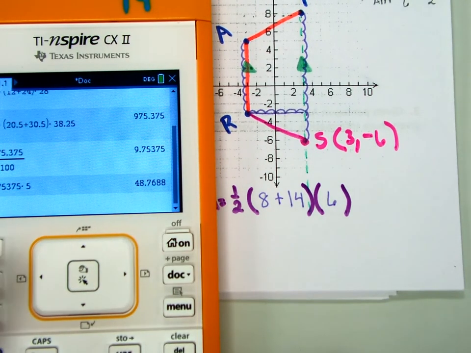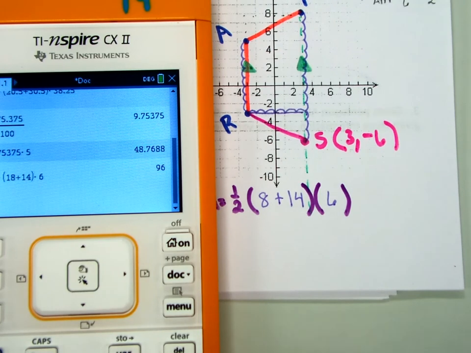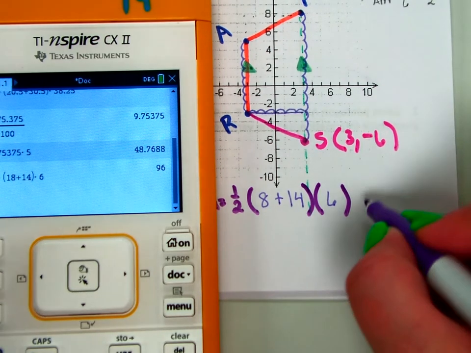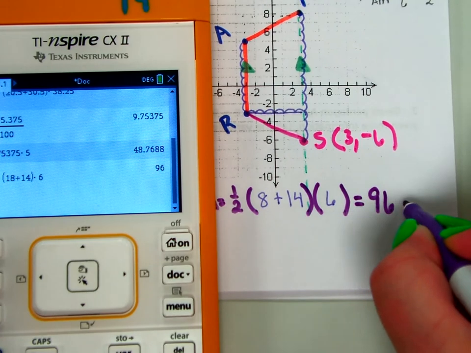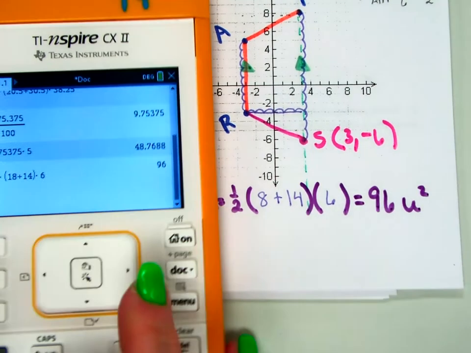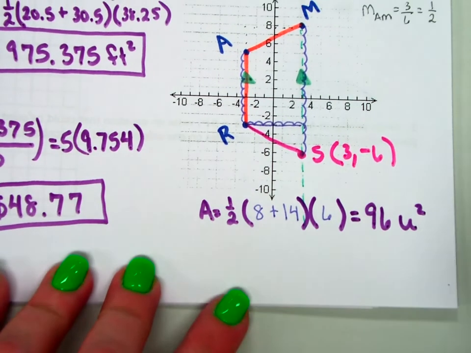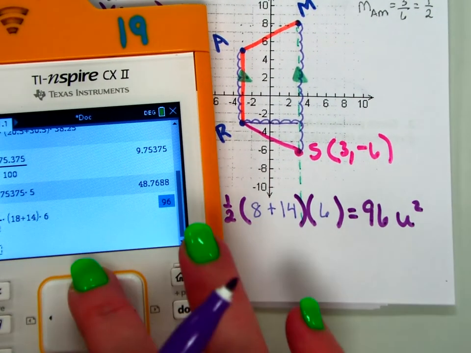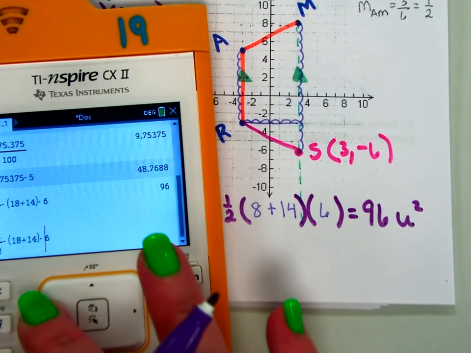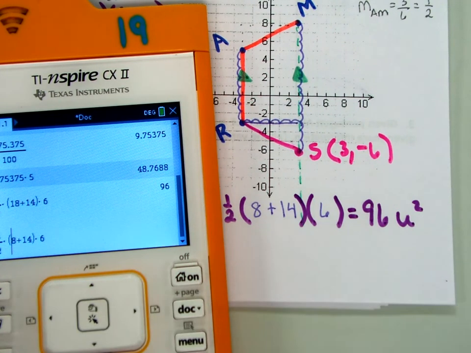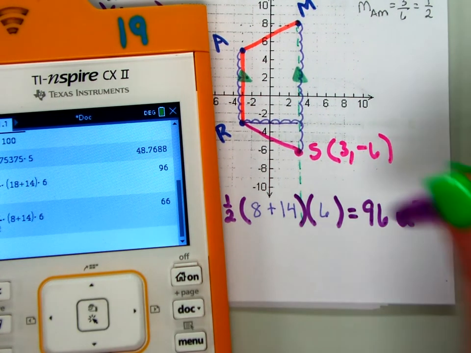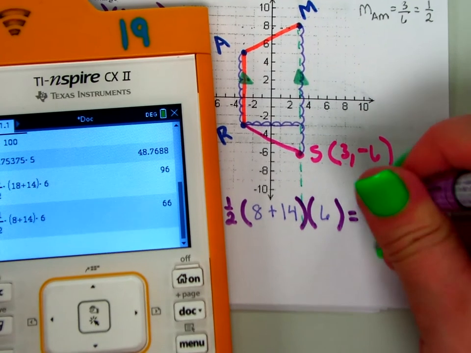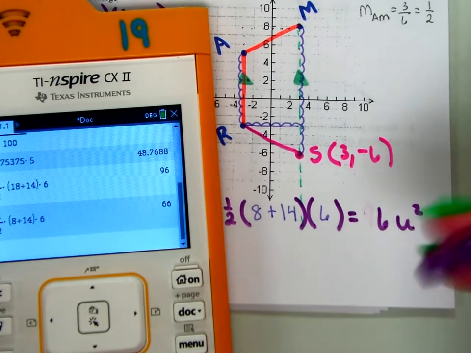So 1/2 of 18 plus 14 times 6 gives me 96. Square units. Because it's area. What did I do wrong? Oh, I put 18. 66.